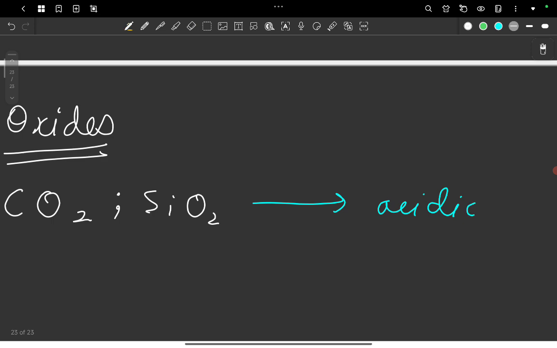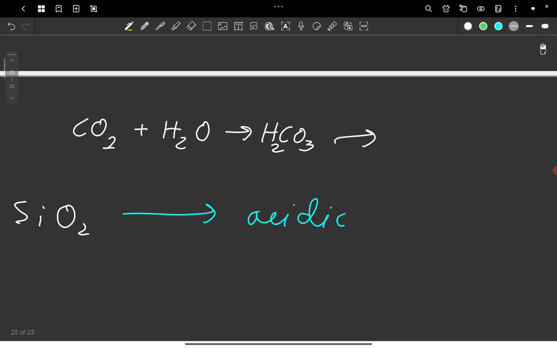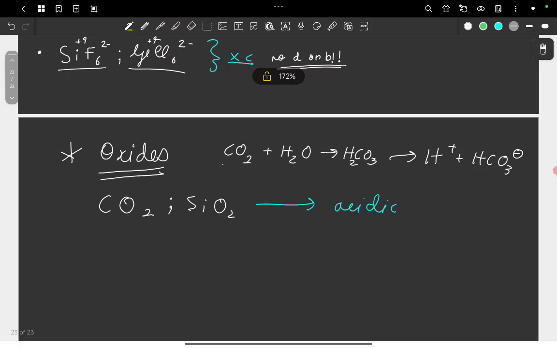As I explained in the last lecture, if you add CO2 to water, it becomes H2CO3, and this breaks down to give H plus and HCO3 minus. So, judging by how they behave in an aqueous solution, we can call an oxide acidic or basic.